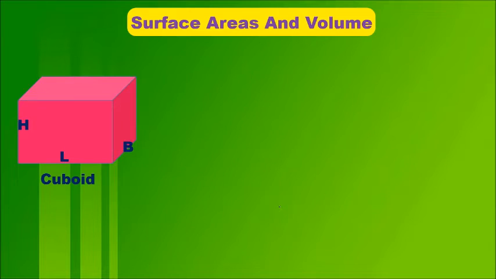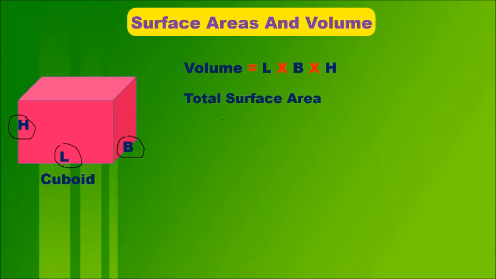Now let us consider cuboid whose dimensions are given. Length I have taken L, breadth I have taken B, while height I have taken H. So the volume of cuboid will be equal to length into breadth into height. Total surface area of cuboid will be equal to 2 multiplied by (L into B plus L into H plus B into H).